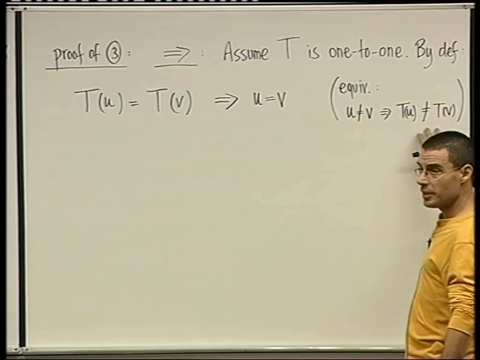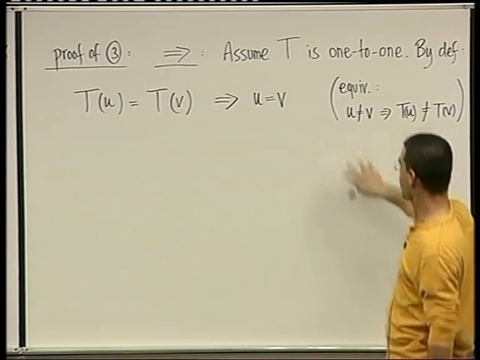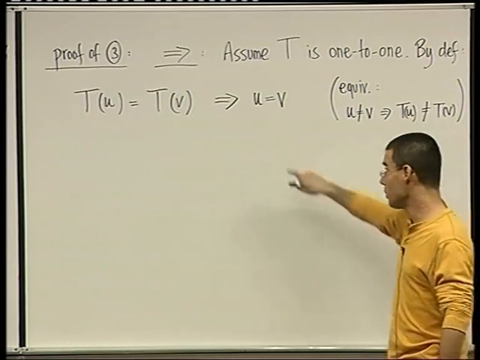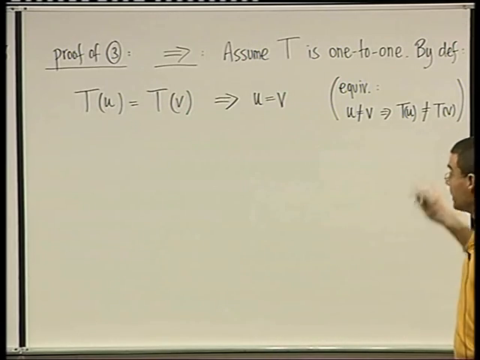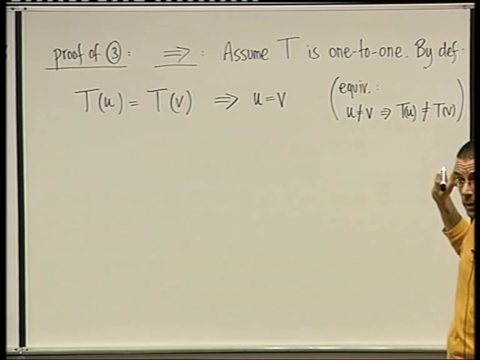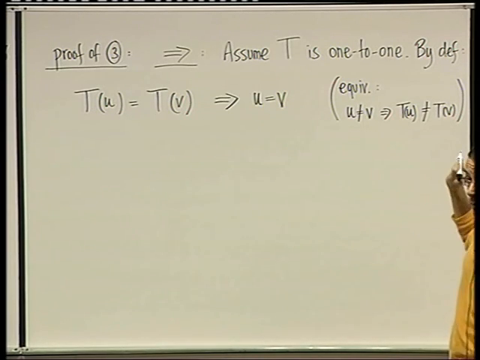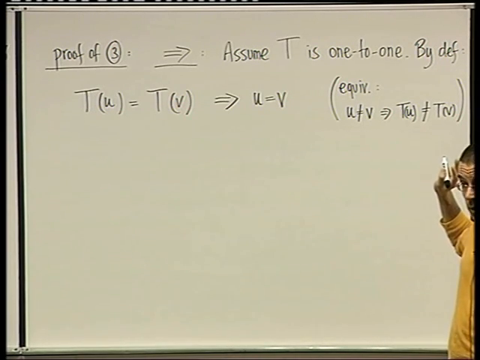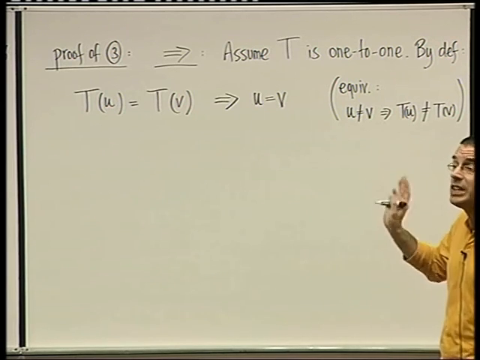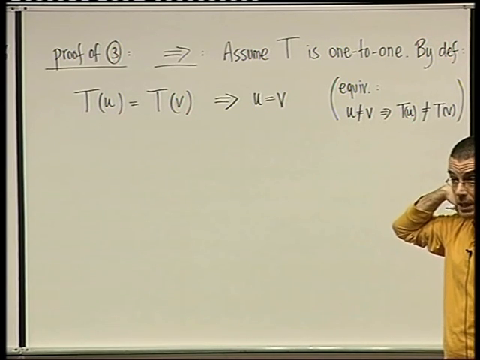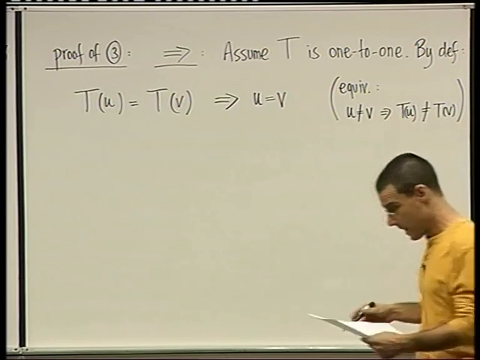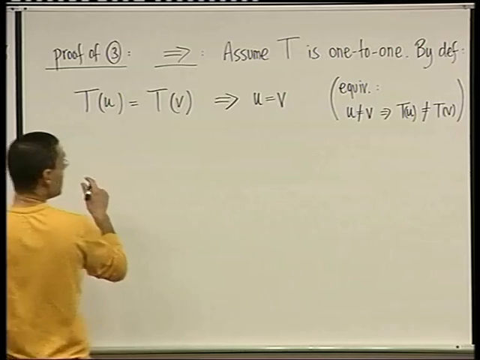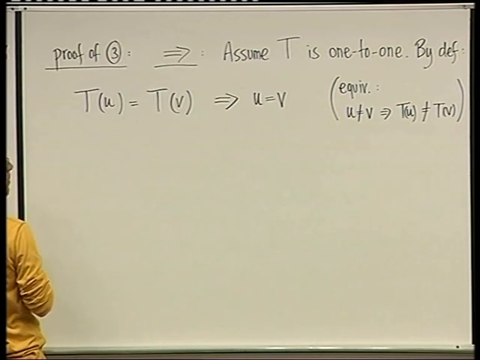This implies this is the same as not this implies not this. That's what I wrote here. The reason I chose this one is that this is what I'm going to work with. So that's the definition of being one-to-one. The word kernel is not there. Do you agree? And it's not going to be there if it's not a linear transformation. We're going to use the linearity. So this is what it means to be one-to-one by definition.